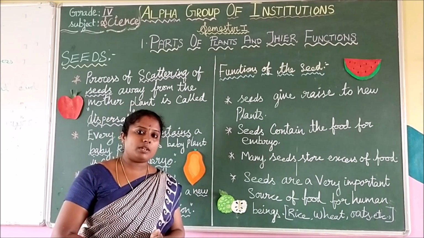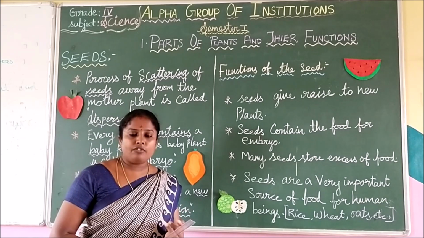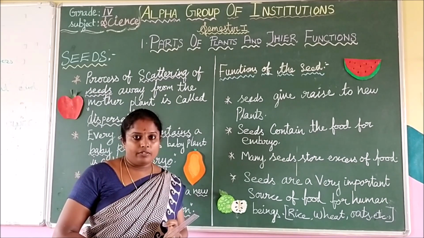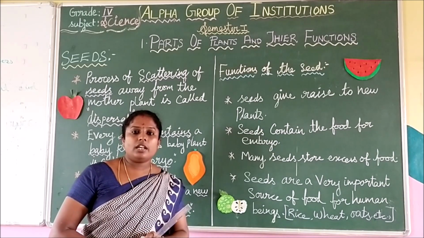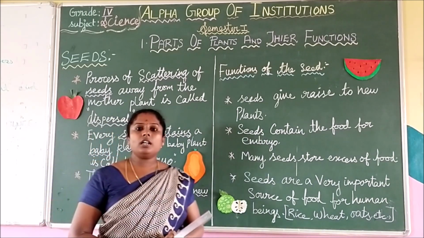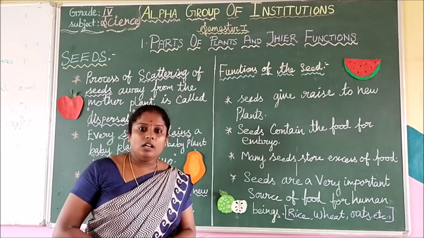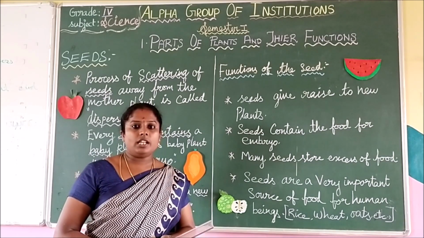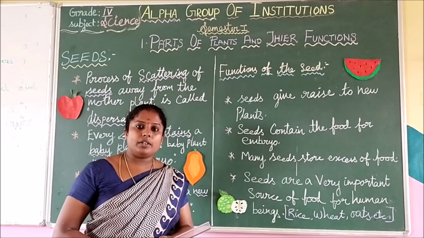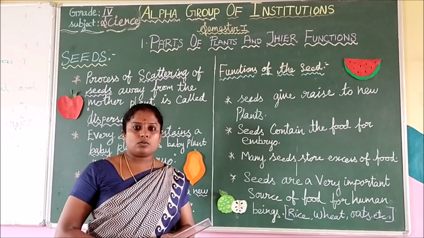The shoot system covers stem, leaf, fruit, flower, and seeds. Children, we'll give the homework and worksheets in the class assignment. Kindly do the worksheet and assignments and submit them. Write the classwork neatly.